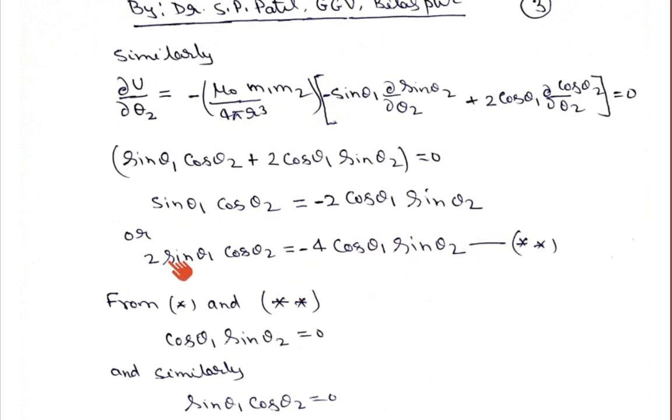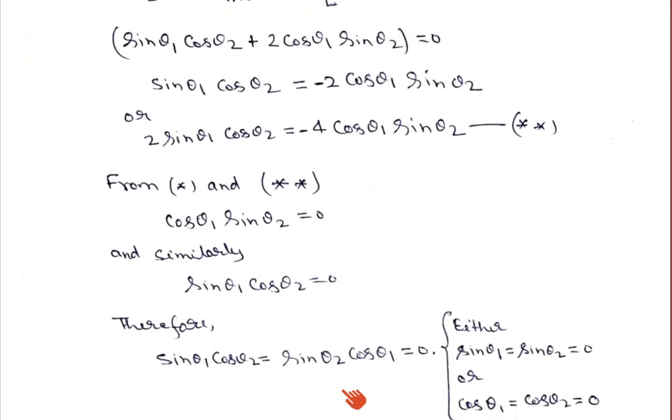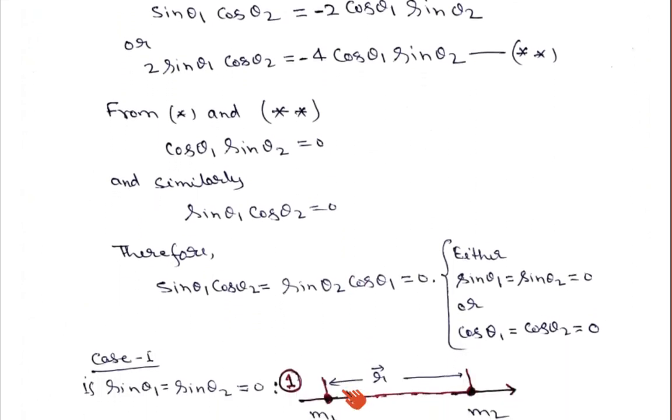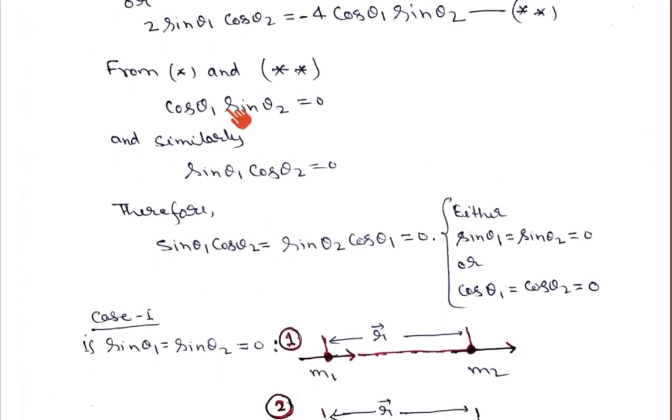Then we will get sin theta 1 cos theta 2 will be equal to 0. Okay. So we get these two coupled equations after solving star and double star. That is cos theta 1 sin theta 2 is equal to 0, and similarly sin theta 1 cos theta 2 will be equal to 0.